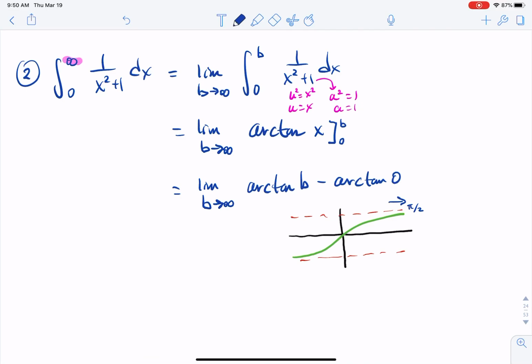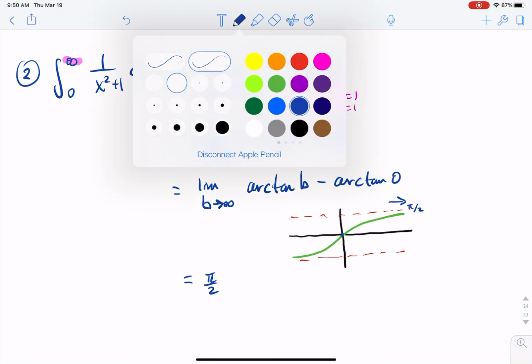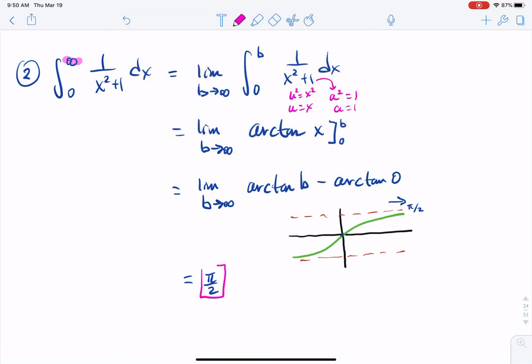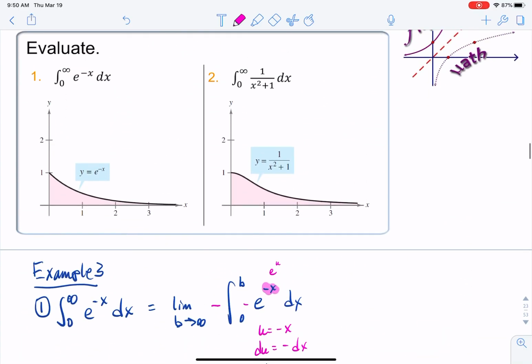So that part is getting closer and closer to pi over 2. And then the arctangent of 0, you can see right there, is 0, so plus 0. Well, there you go. This thing converges to pi over 2. Its area is getting closer and closer to half pi, of course.